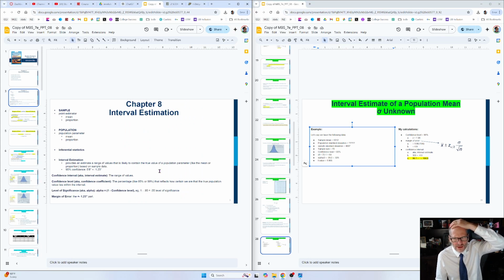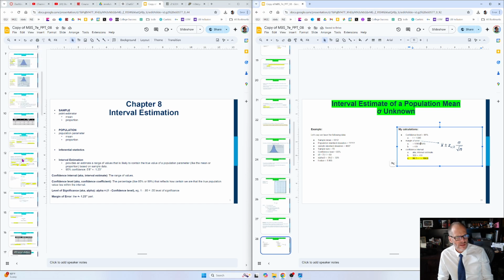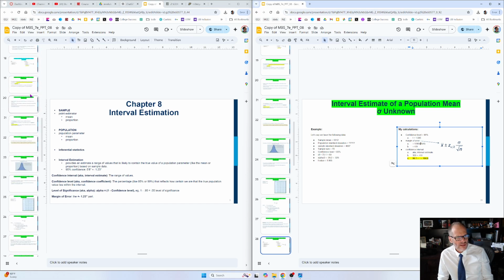So now, how do we calculate the interval estimate? Our t is 1.995, which we calculated already. And the margin of error is going to be that t multiplied by my sample standard deviation. So we come back over here and look for the margin of error with our t stuff.